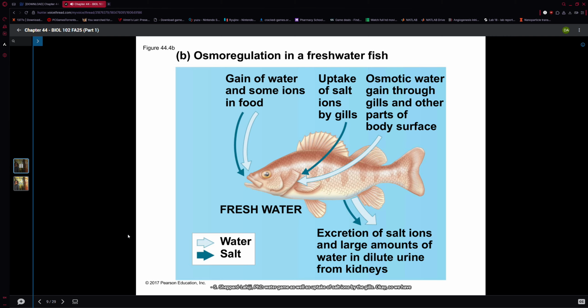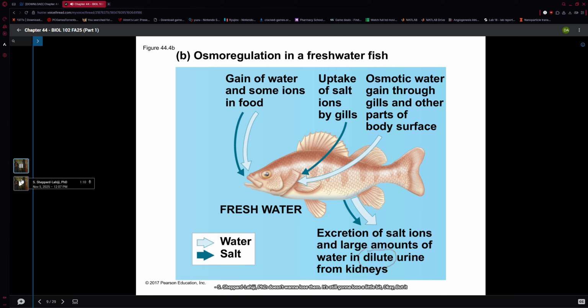So we have water and ions coming in. In response, the fish is going to create a really large volume of urine, and that urine will be dilute, meaning it's not going to have a ton of solute in there. Again, the desire for the freshwater fish is to hold on to its solutes, so it doesn't want to lose them.